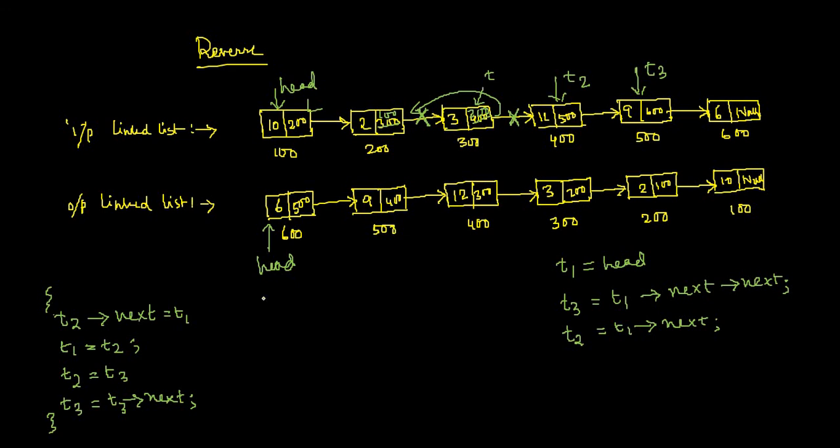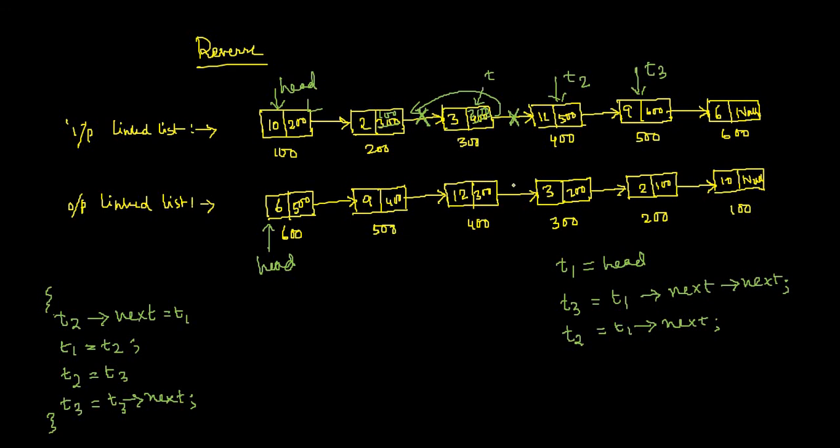So if T2 next T1 executes, that means this next part will contain the address of this 300. So you see over here, the address contains 300. That we can see in the output linked list; according to the output linked list, this is what it should be.